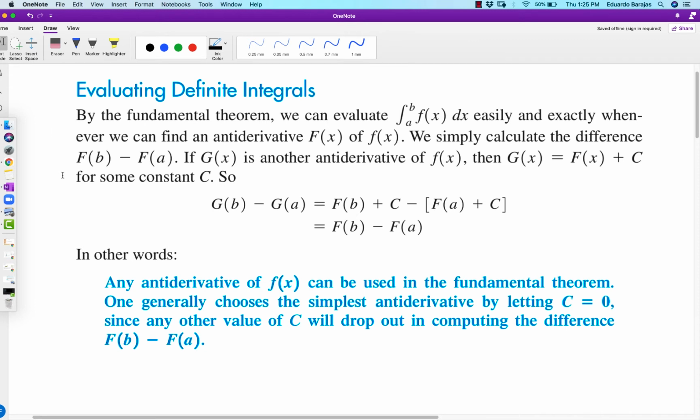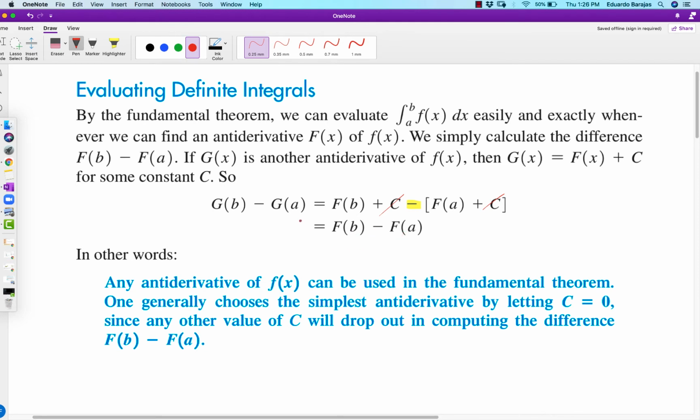And then when we distribute this subtraction sign, we'll see that the c's cancel, giving me F of b minus F of a.